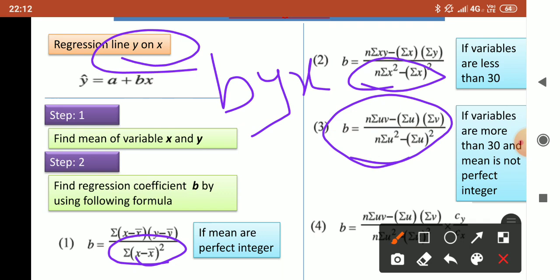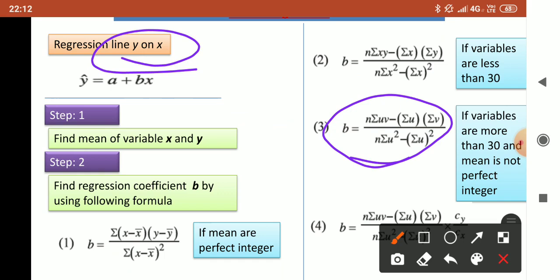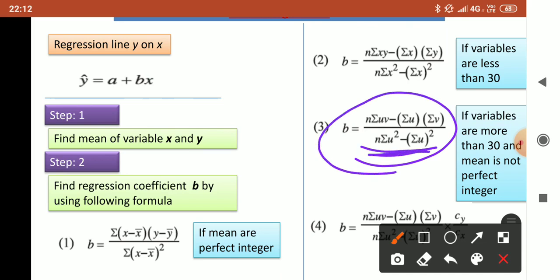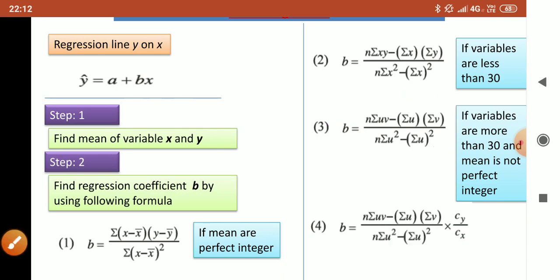Here u means x. So in denominator only x variable is to be considered. So here, what is the formula? N sigma uv minus sigma u into sigma v upon n sigma u square minus sigma u the whole square.